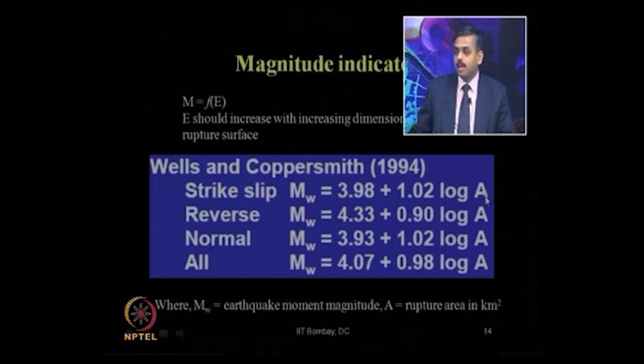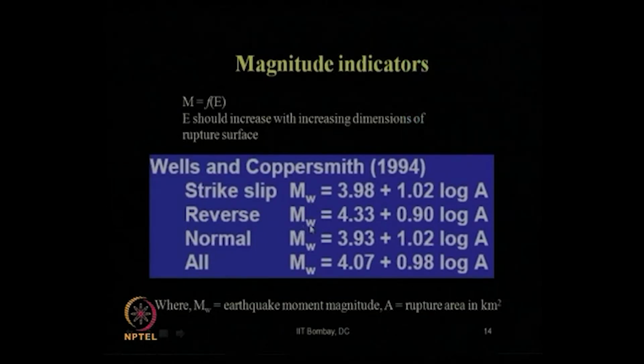That is why we have to be careful about this unit. It is in kilometer square. If you put this value of A for a strike slip type of fault, you will get the value of your earthquake magnitude. Similarly, if it is a reverse fault, MW can be obtained using this equation. Similarly, if it is a normal type of fault, it can be estimated using this expression.